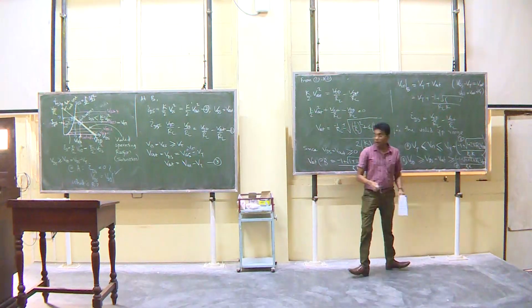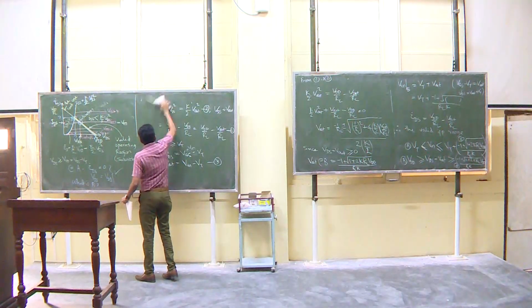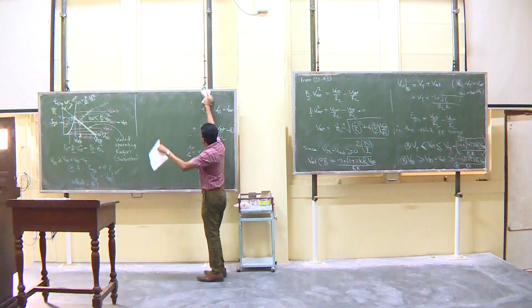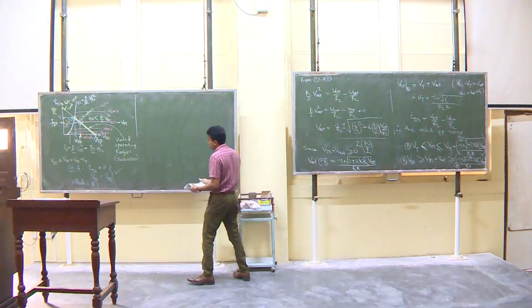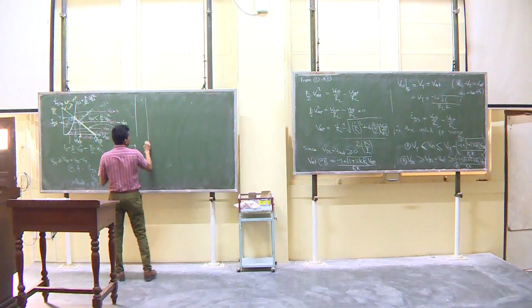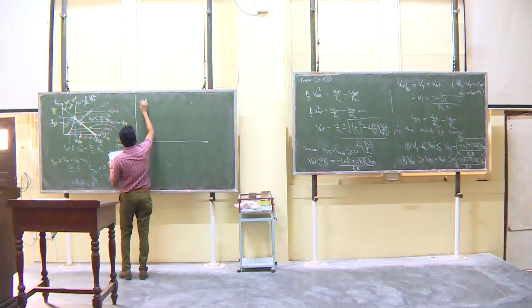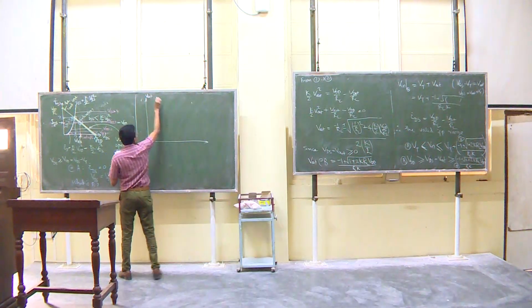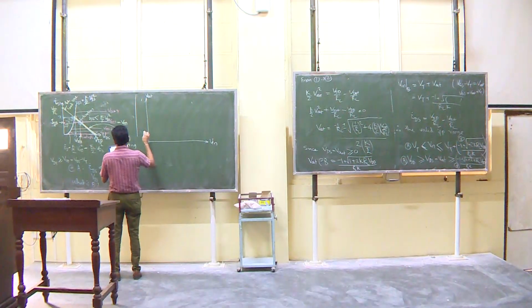So I can define it easily. So let me leave it there and draw the transfer characteristics here. V out and V in.